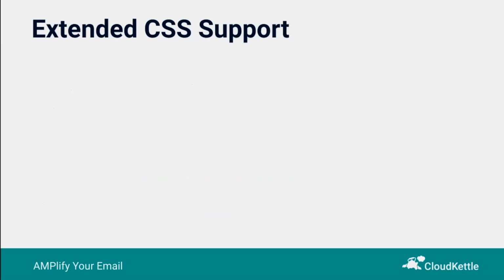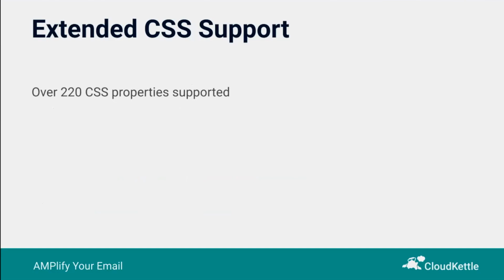Next, I want to explain the support for cascading style sheets, or CSS, in AMP emails. Inconsistent CSS support across email clients requires considerable patience for email developers, as we saw from the Can I Email project earlier.